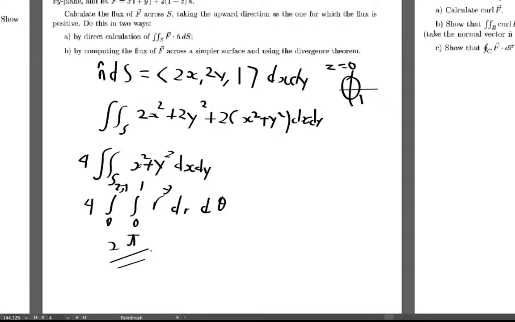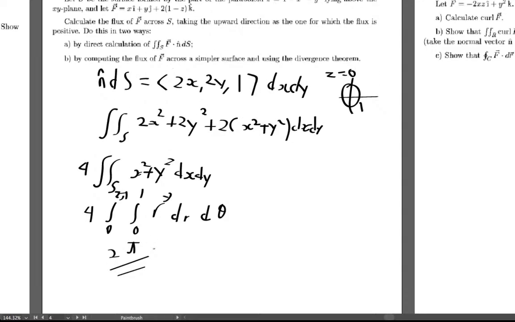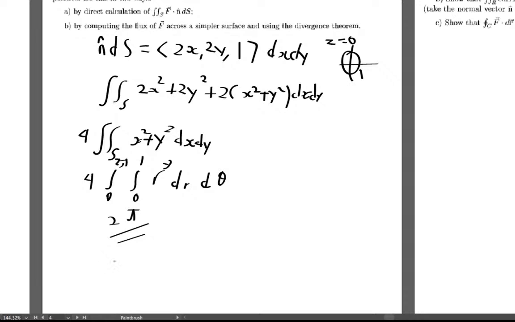basically when you have a closed surface, you could use the divergence theorem. So when you take both of the surfaces, obviously this needs to point outwards.